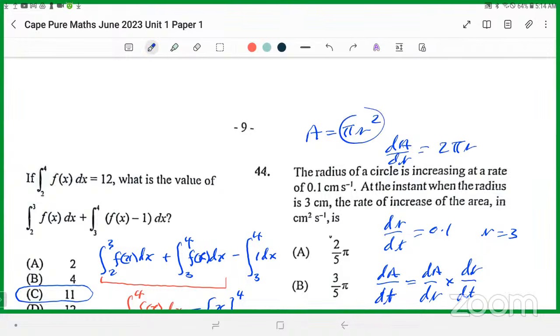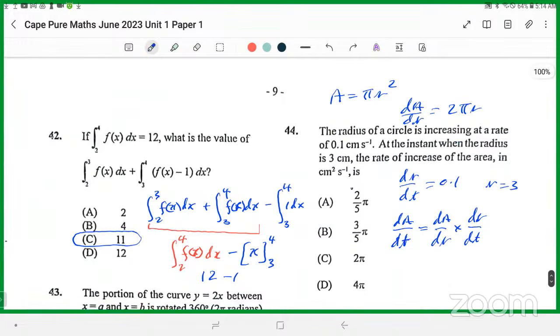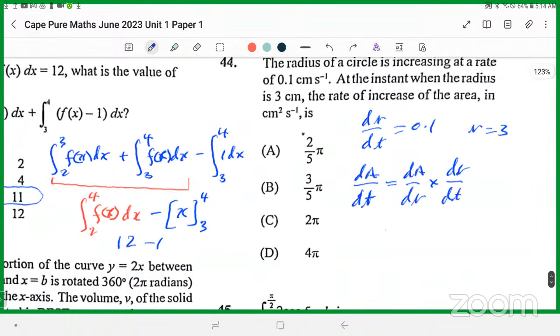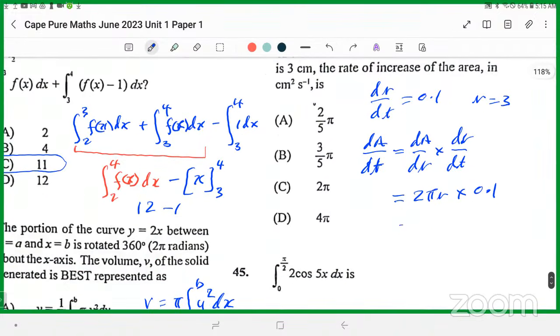Let me differentiate this. So I'm going to take the 2 pi r and bring it right here. And then the 0.1 is coming there. All right, so this then becomes 2 pi r times 0.1. Because when r equals 3, it becomes 2 pi times 3 times 0.1.